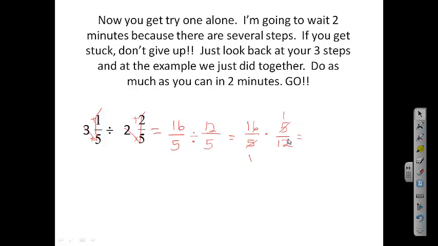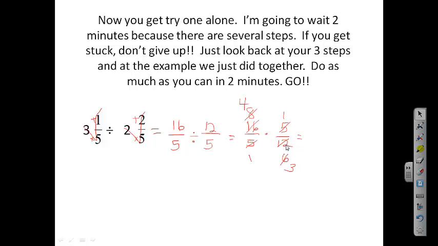Okay, 2 goes into 12 6 times, and 2 goes into 16 8 times. Now, I did a 2 on purpose because I wanted to show you something. We can still divide both of these by 2, so you can do that again. So 6 divided by 2 is 3, and 8 divided by 2 is 4.